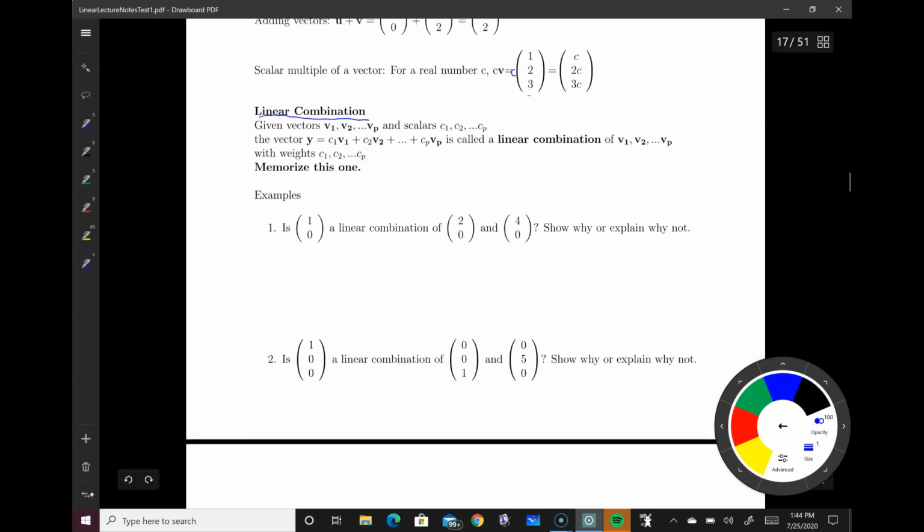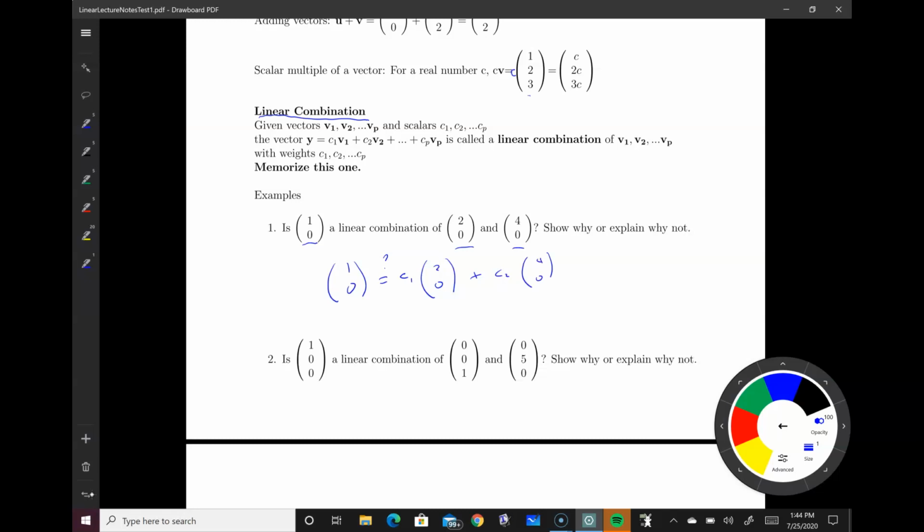All right, so let's go through lots of different little examples just to get the idea. This question here is, is the vector 1, 0 a linear combination of these 2 vectors? So what I'm asking is, is it true that I can have one number times this vector and another number times this vector?